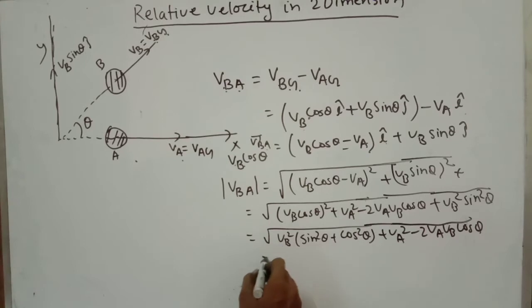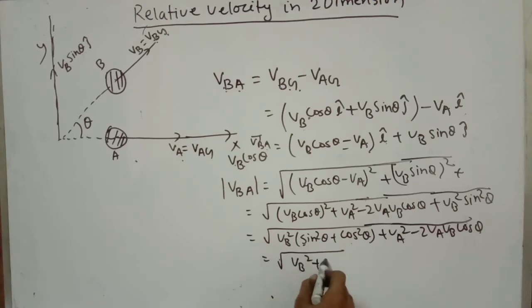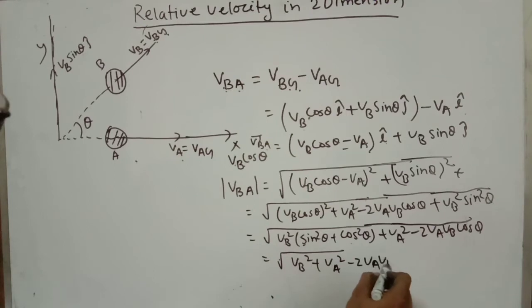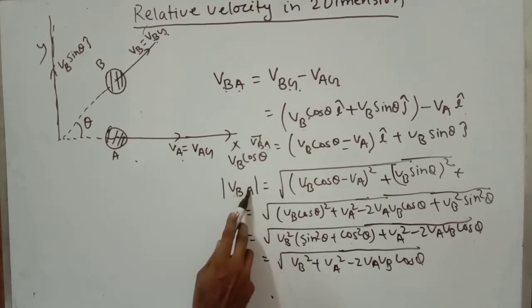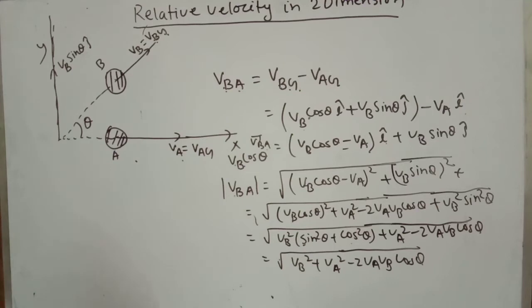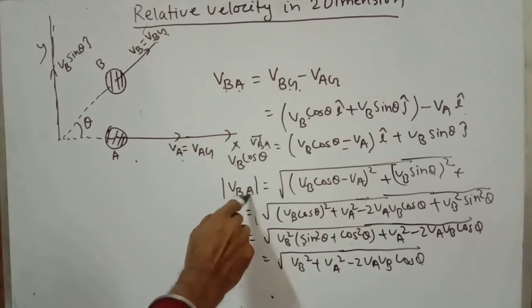Since sin square theta plus cos square theta equals 1, you can simply write VB square plus VA square minus 2 VA VB cos theta, all under the square root. This is the magnitude of the velocity of B as observed by A.